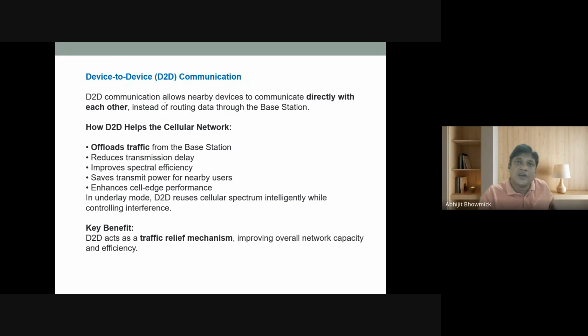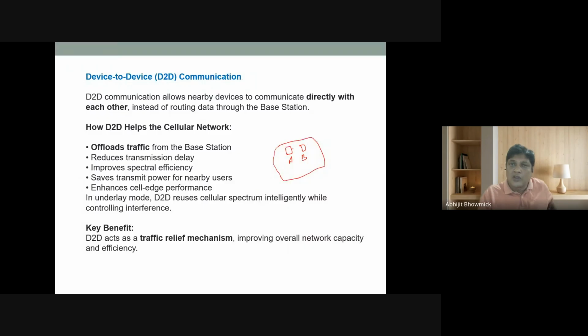What happens in device to device communication? According to device to device communication, if the users are nearby, instead of sending their information through the base station, they can send directly themselves. Say user A and user B are sitting inside a room.